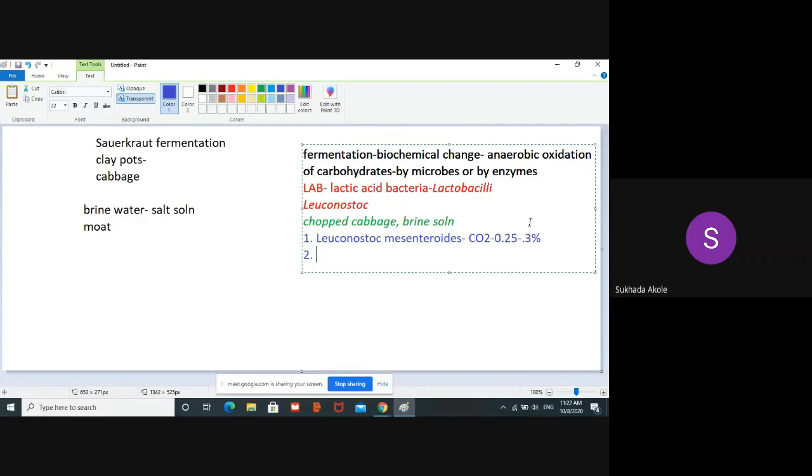The next stage is where your Lactobacillus plantarum and Lactobacillus cucumeris grow. Okay, so these are the 2 organisms that will now grow happily in lactic acid concentration of 0.3%.